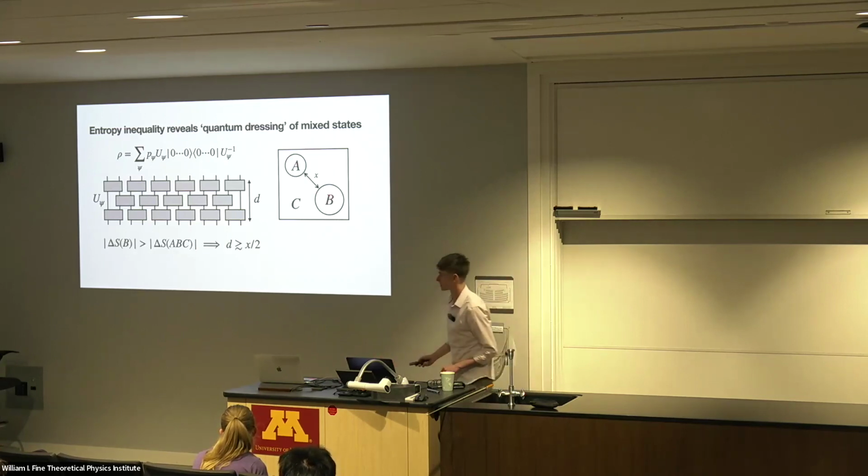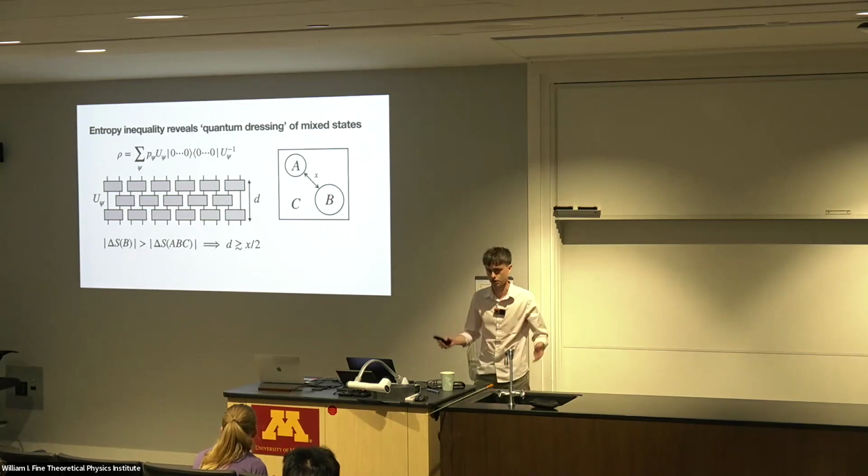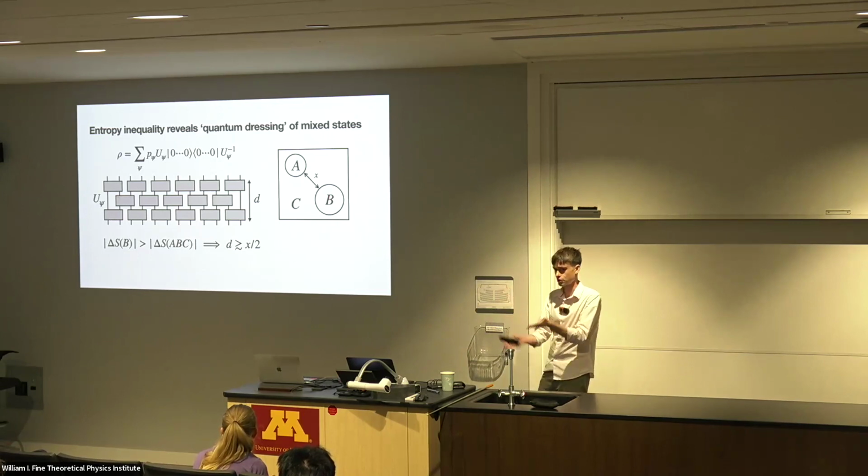If you find that this inequality is satisfied beyond a distance x, then it must be the case that the depth of the circuits is larger than x over 2. It's kind of a light cone bound. So if you can do this measurement in A that reduces the entropy of B by more than it reduces the entropy of ABC, then the past light cones of A and B have to intersect each other.